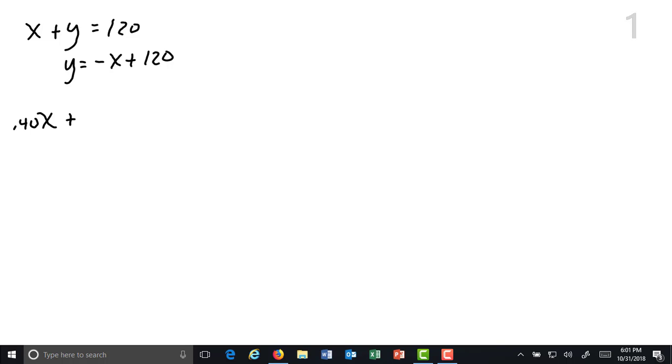Plus, and then what's the other weaker or stronger one? 70%. And we'd like to end up with what strength? We want the total of the batch to be what strength?